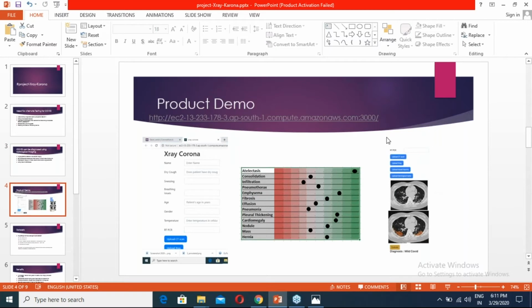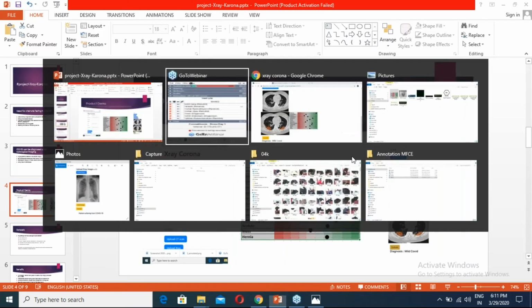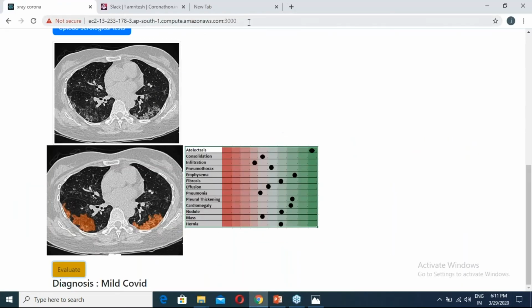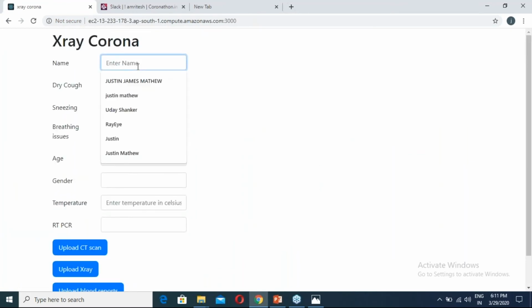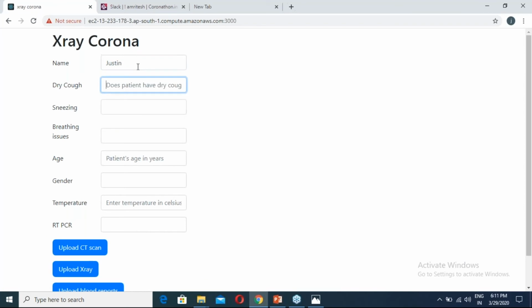So I will quickly go through the product demo. Here, I can enter my name. I can enter initial conditions, like whether I have dry cough or sneezing or breathing issues.